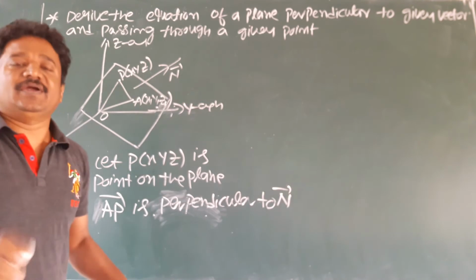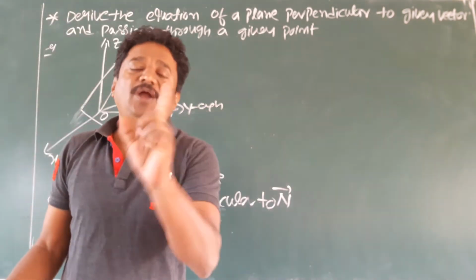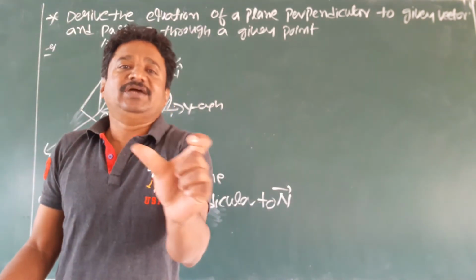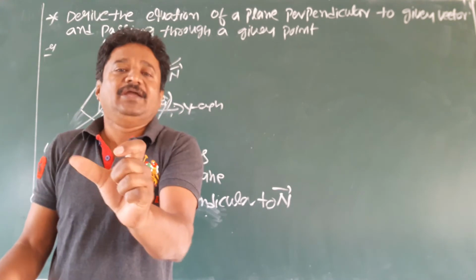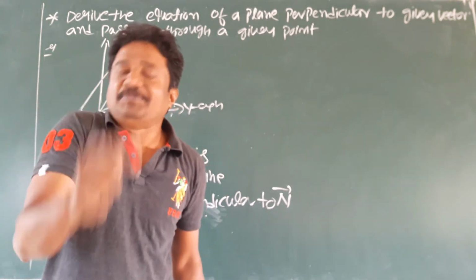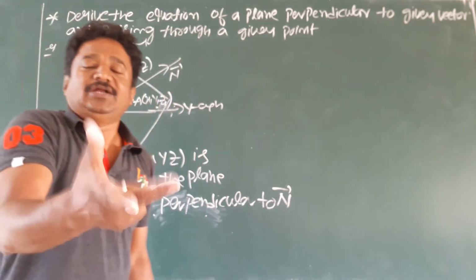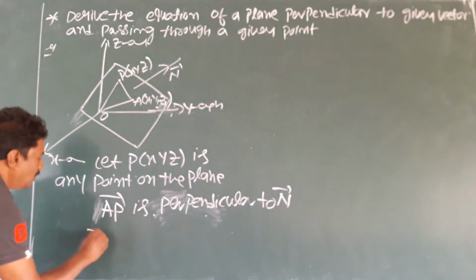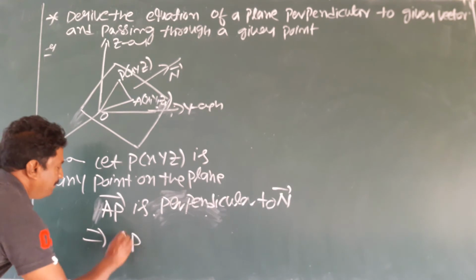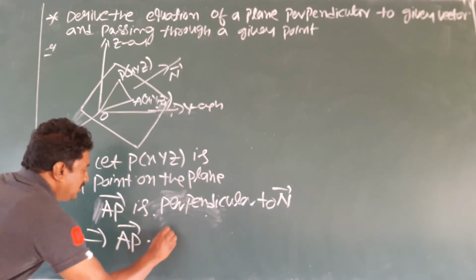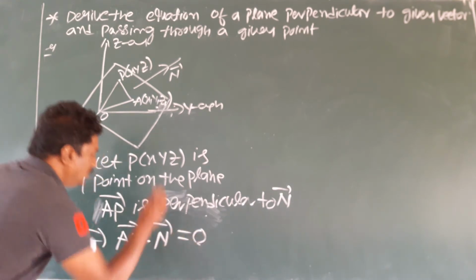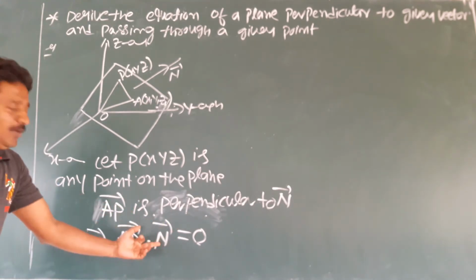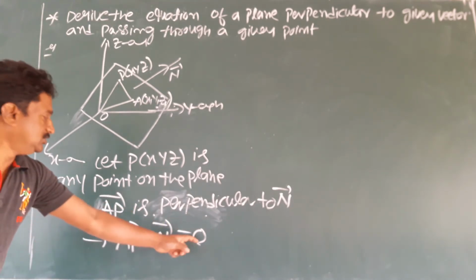Two vectors are said to be perpendicular if their dot product becomes 0. You learned that in the vector chapter. So AP dot vector N is equal to 0. The dot product is a scalar quantity, it is 0 only.